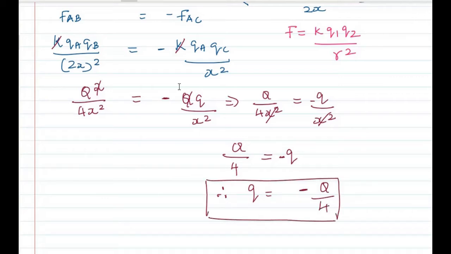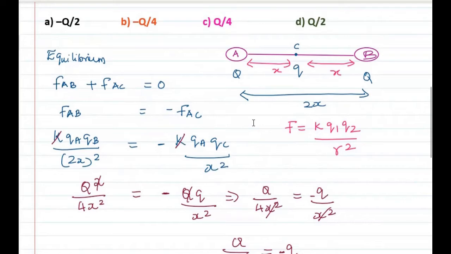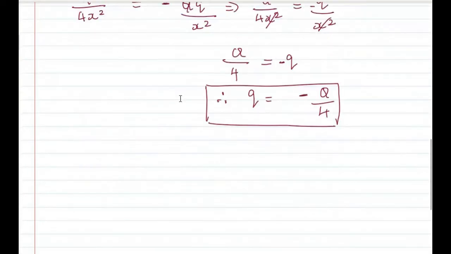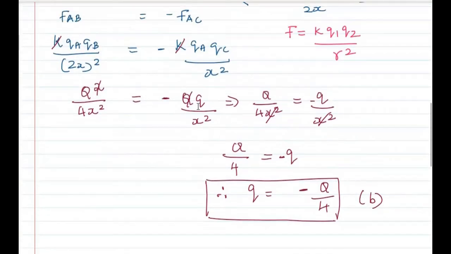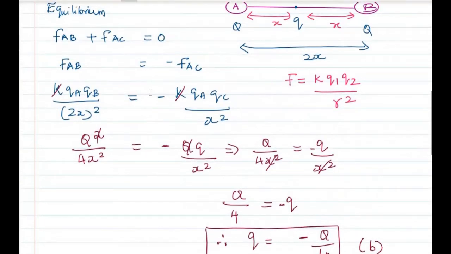Just substitute the values in Coulomb's formula. Then we'll get q is equal to minus Q by 4. So the option will be B. Just equate the forces with the condition for equilibrium: FAB plus FAC is equal to 0 or FAB plus FBC is equal to 0.